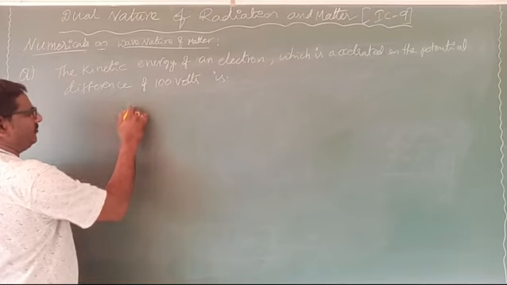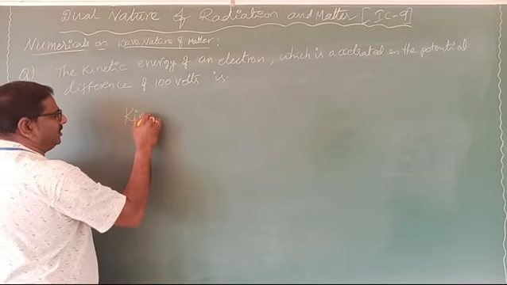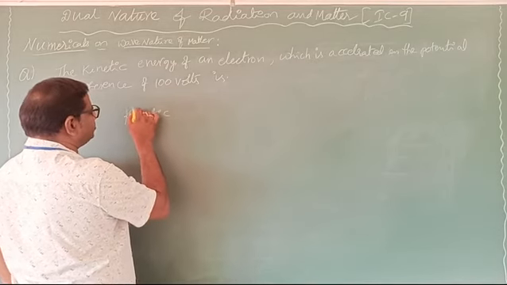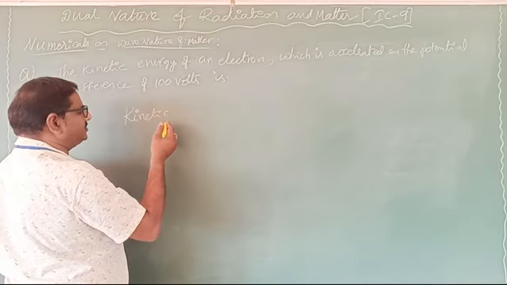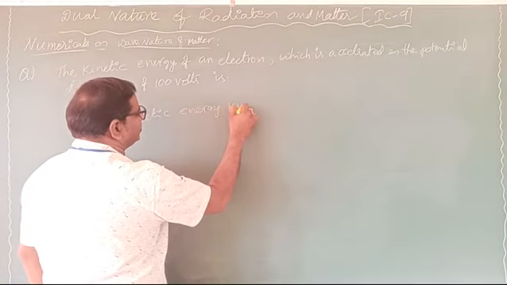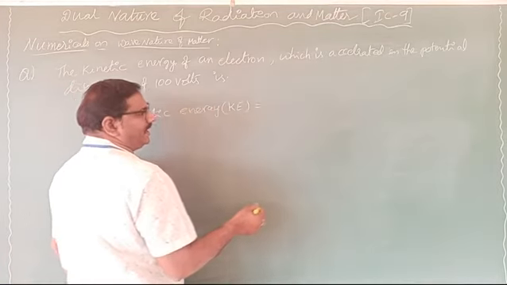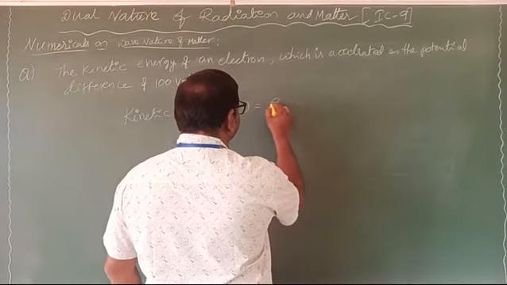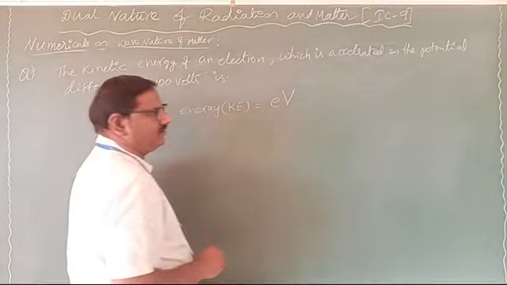The concept we will learn already. So when the electron is in motion, which energy does it possess? Kinetic energy. So kinetic energy K equals what you can write? That is nothing but the applied potential, that is E into V.